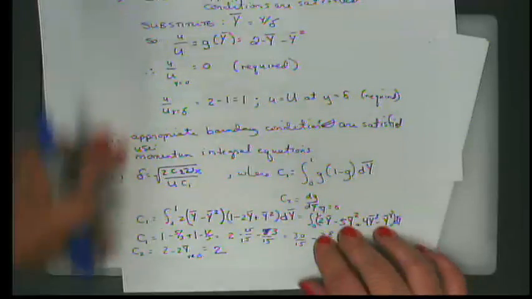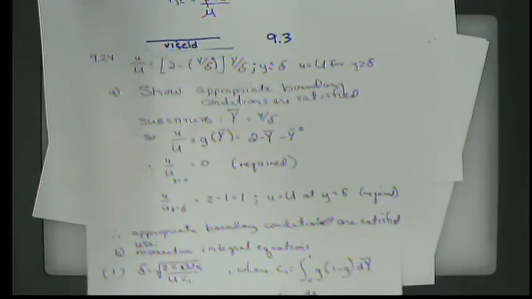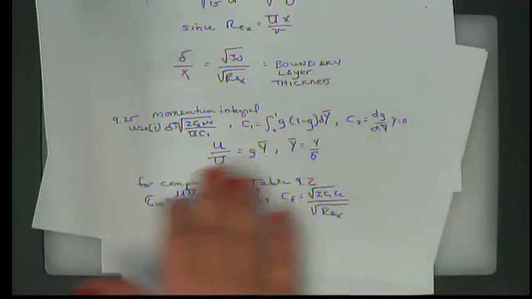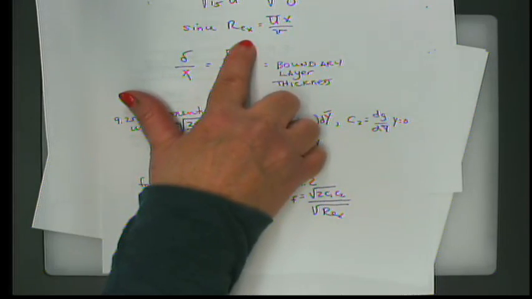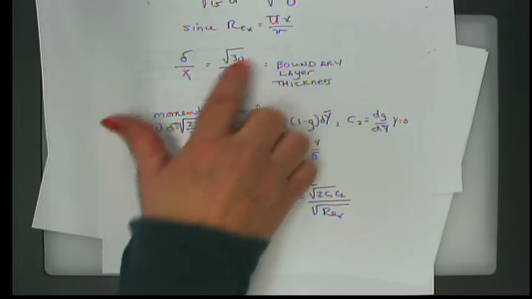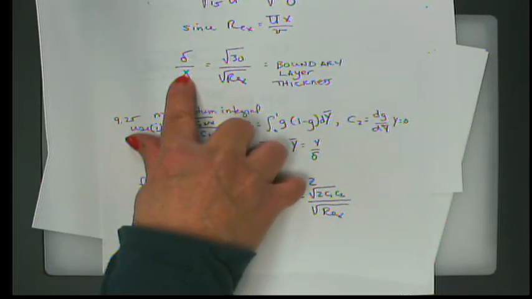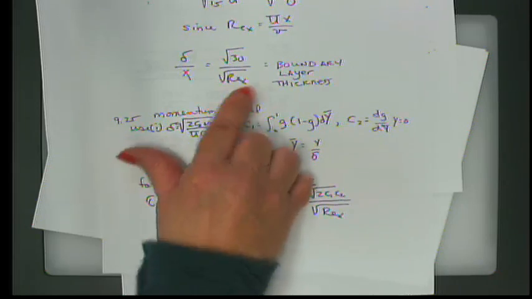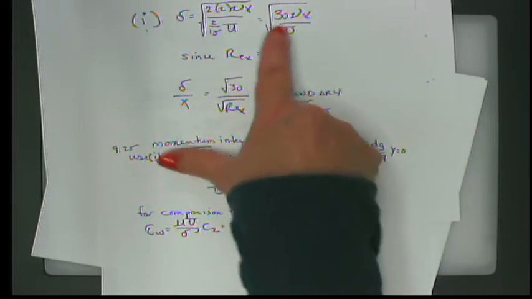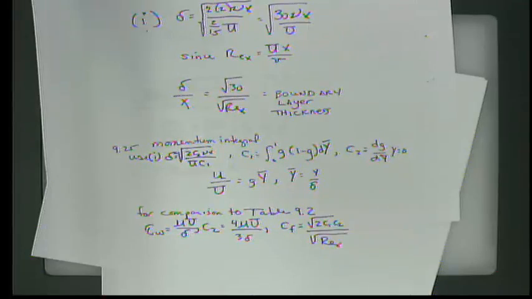I know I'm going through this rather quickly, but if you need to rewind it, you'll be able to. That's kind of what I'm banking on. So going back to the same equation and plugging in, we also know what Re_x looks like for this. We can substitute that in, and we can find a boundary layer thickness, and del over x is going to equal the square root of 30 over the square root of Re_x. So based on those two ideas, the definition of Re_x and the momentum integral equation, we are able to come up with an expression for the boundary layer thickness.